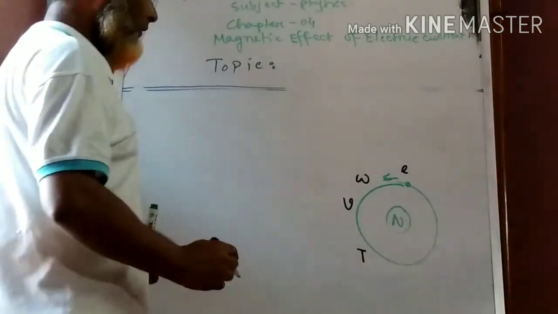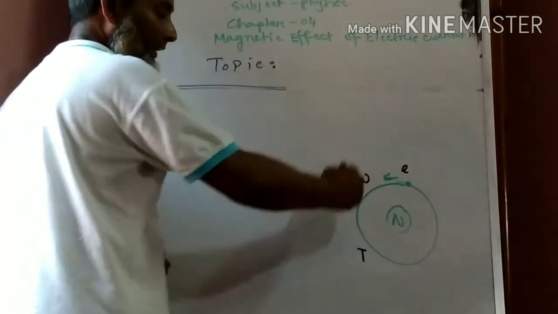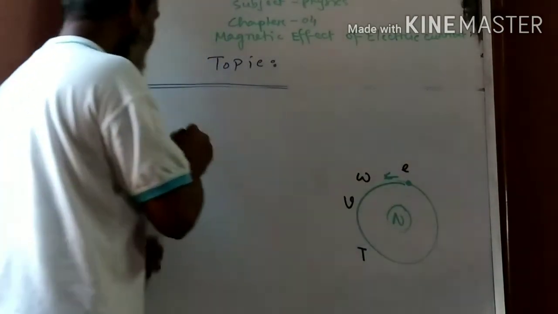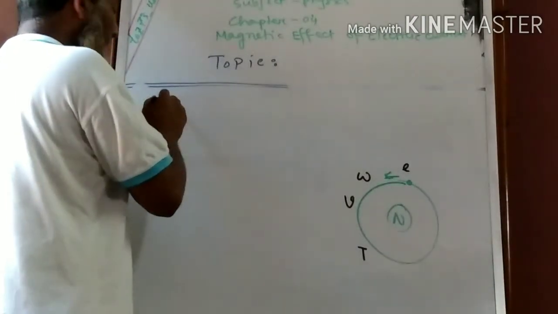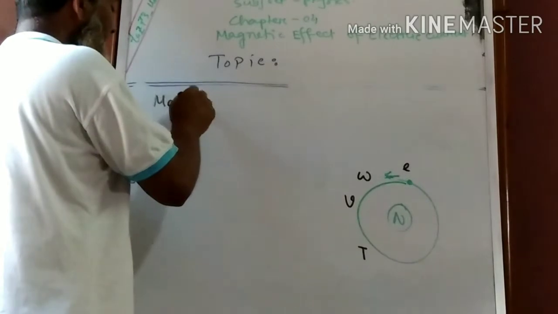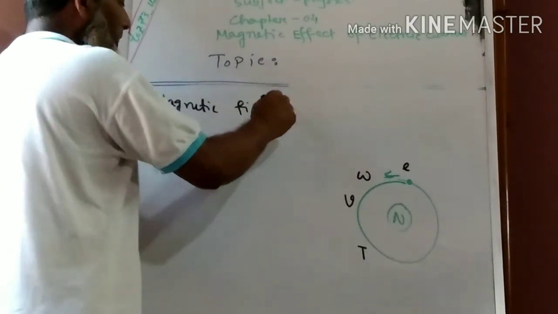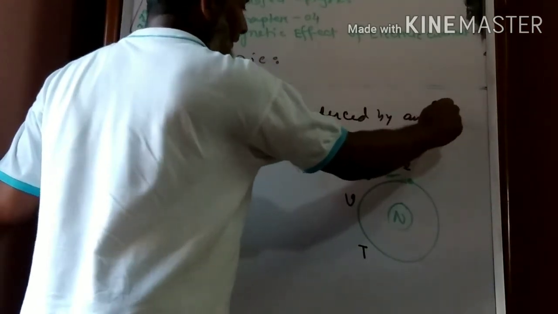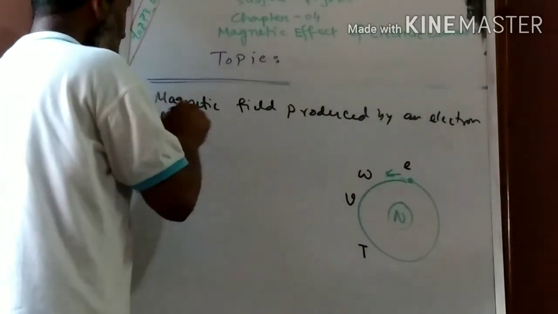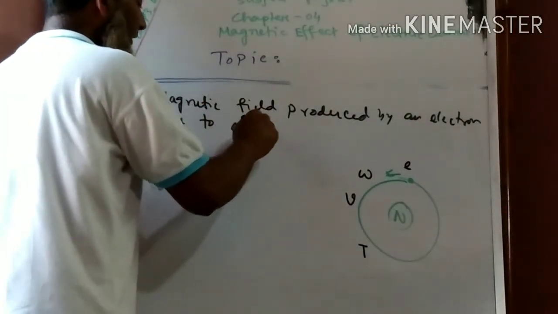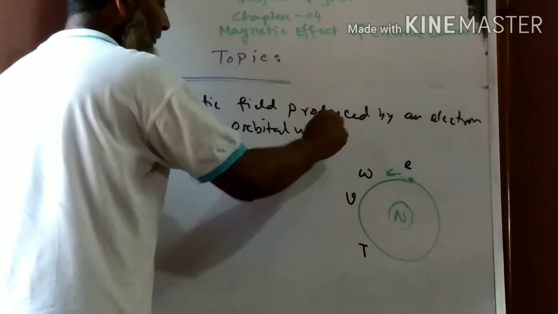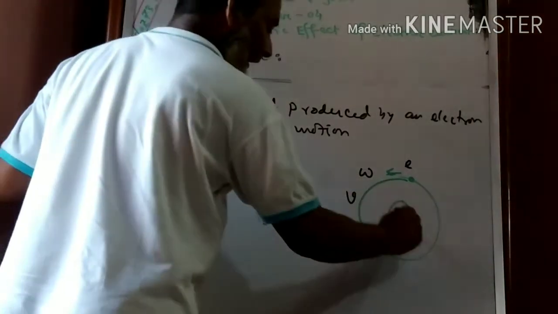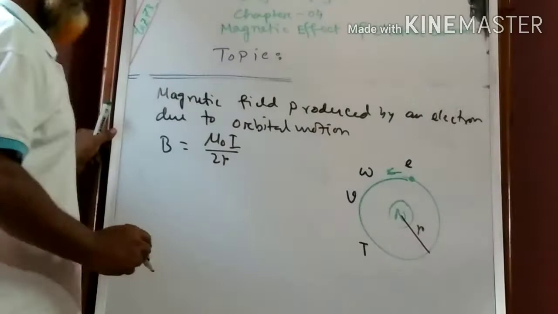So we know when a charge is in motion in a circular path or an orbit, then it produces a magnetic field B. So the magnetic field produced by an electron due to orbital motion equals mu naught I by 2r, where r is the radius of the orbit.